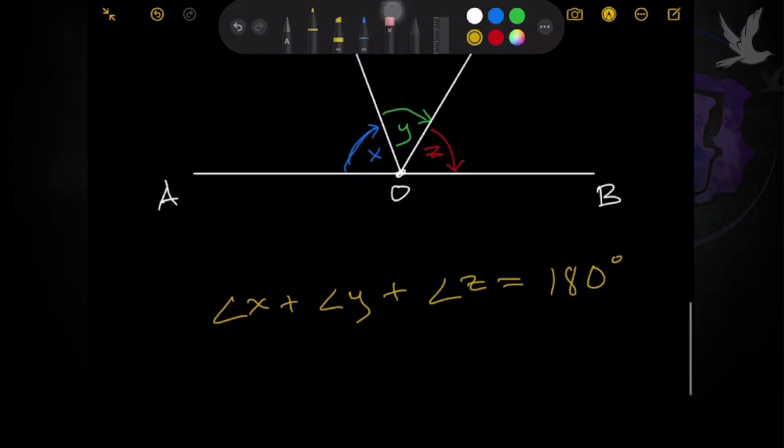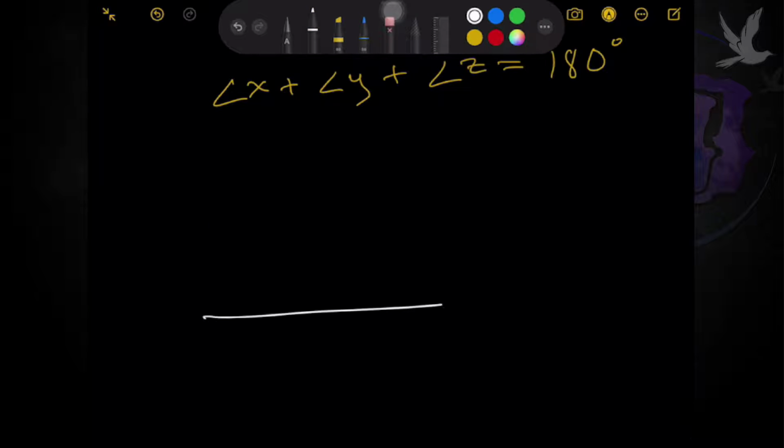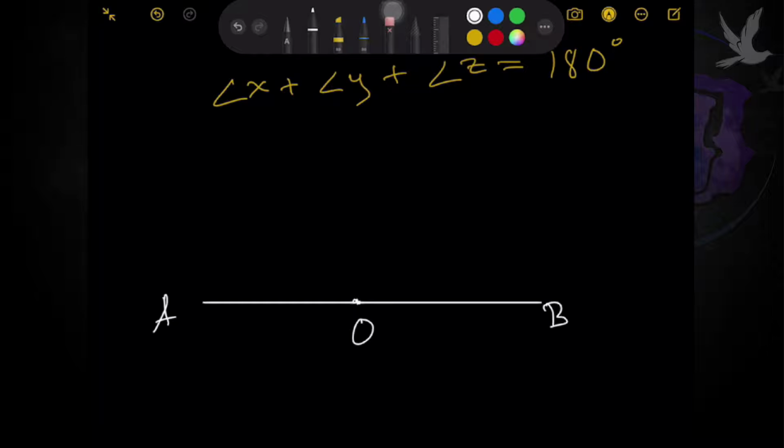So how do we solve for the missing angle on a straight line? Okay, we have A, B, and this is point O. So this is now an actual problem.